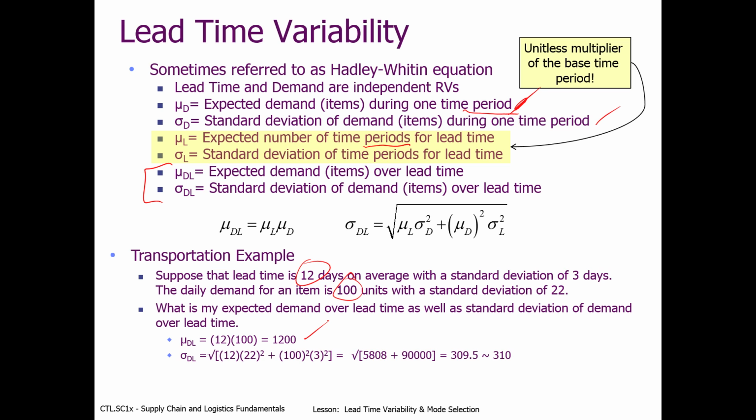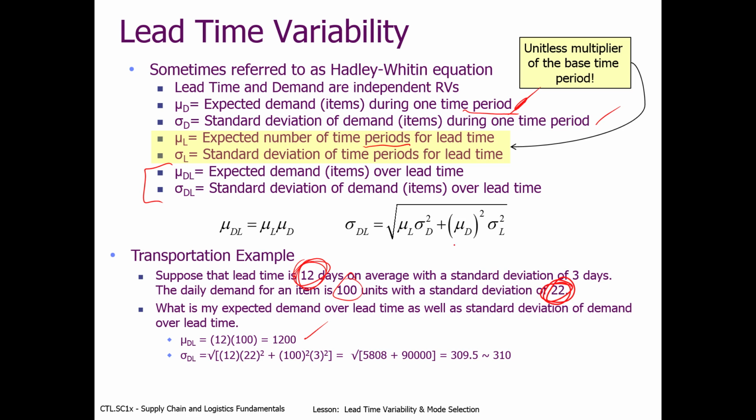To find the standard deviation, I'm just going to take the square root of the expected lead time times the variance of the daily demand. And here I'm just squaring the standard deviation to get the variance.